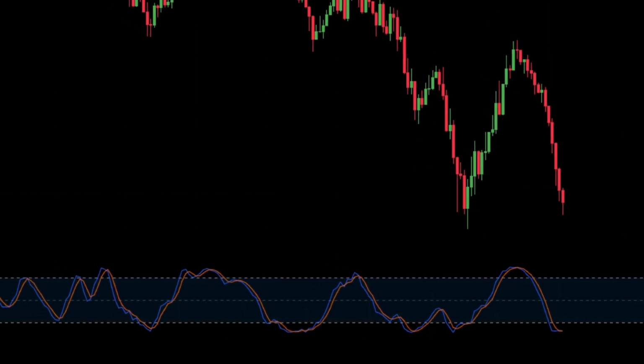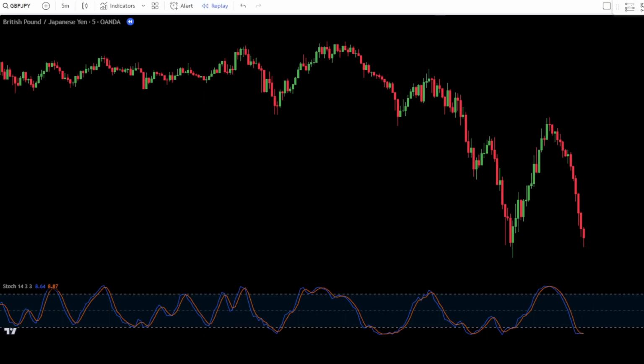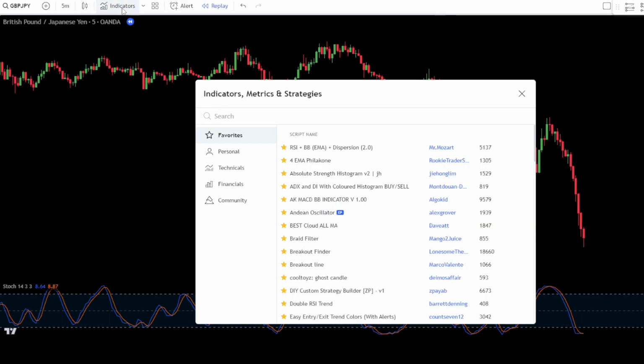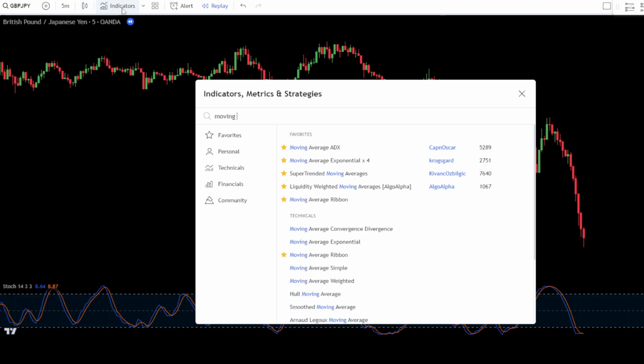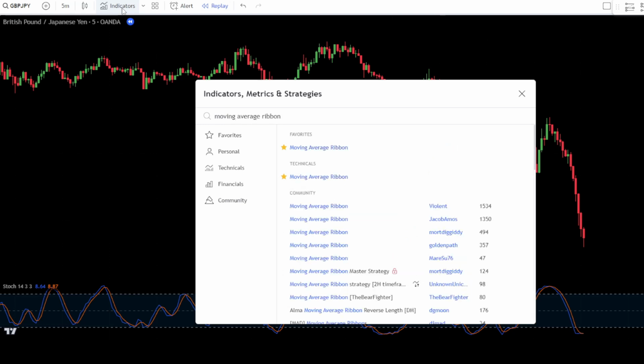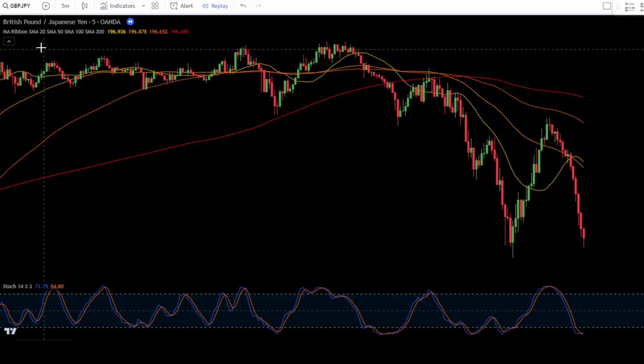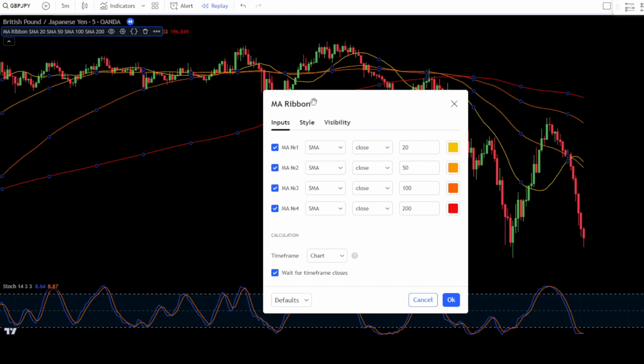Now, let's add the second indicator that will be used as a trend guide in the market. Go to the Search Indicator tab and then type in Moving Average Ribbon. Then, simply select the default Moving Average Ribbon from TradingView. Now, let's set up the Moving Average Ribbon indicator.